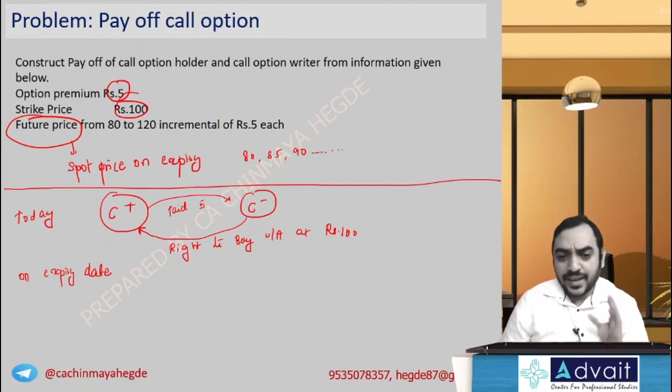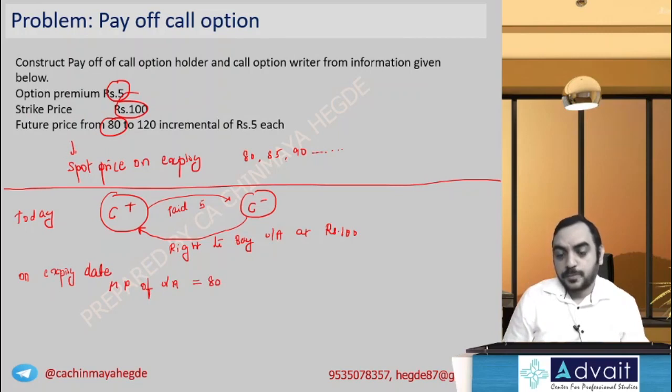Let us say market price. I'm just taking a symbol. Suppose market price is, say, 80 rupees. Market price of the underlying asset is 80 rupees. And you have got the strike price. You have the right to buy. This is the market price if you go to market. And strike price in options is rupees 100.